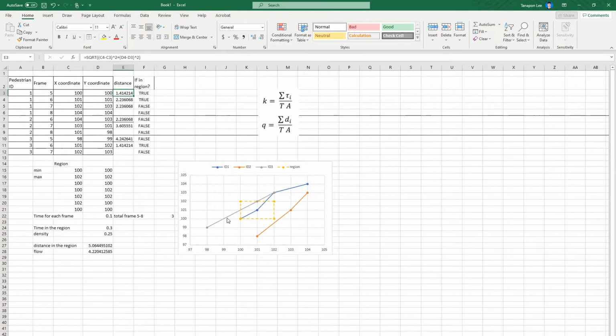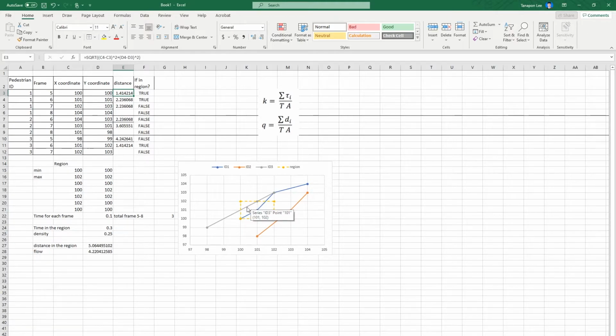But at frame 5, he traveled 4.2. So we capture this distance in frame 6, right? But in reality, the distance that is traveled is actually here.